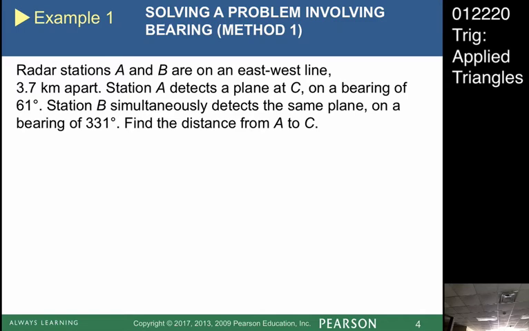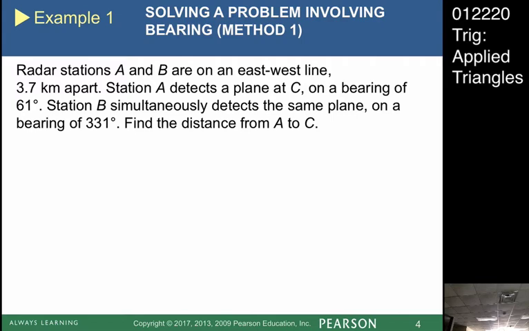For A, it's on a bearing of 61 degrees. Station B simultaneously detects the same plane on a bearing of 331.